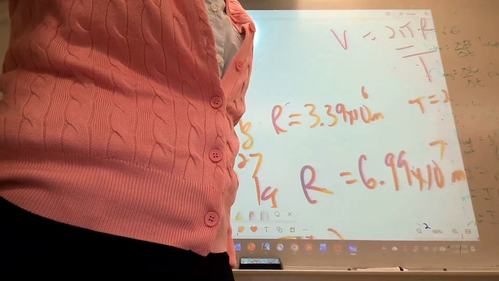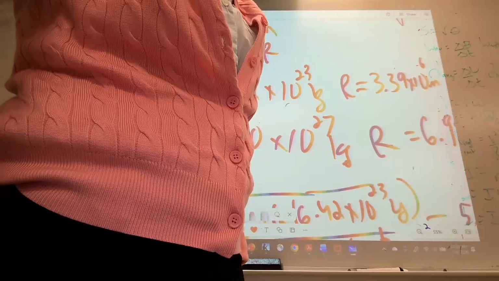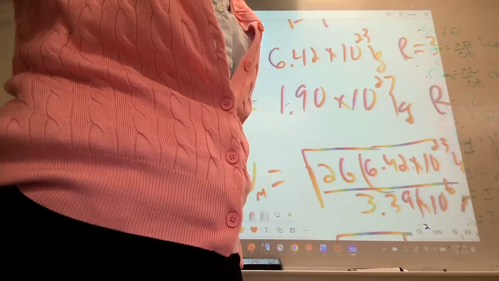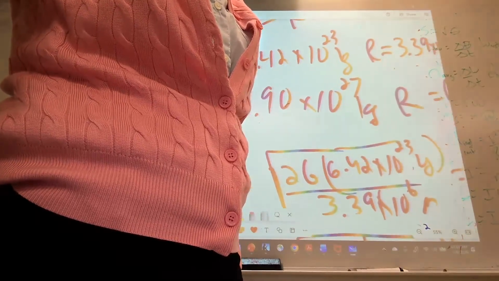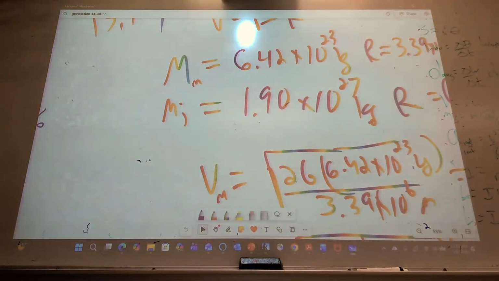Okay, then we have the mass and the radius of Jupiter. So you're just plugging them in to figure out what is the speed you have to reach to escape the gravitational pull of Mars. What's the speed you have to reach to escape the gravitational pull of Jupiter?